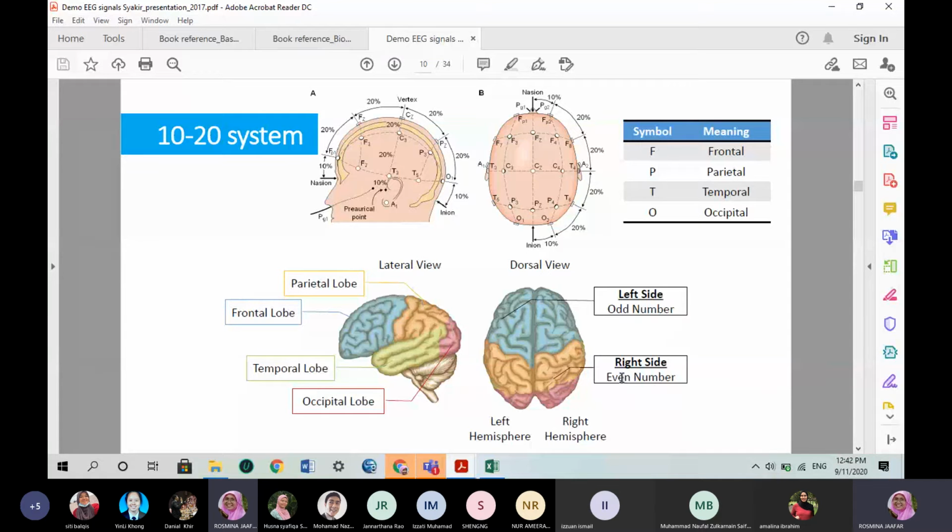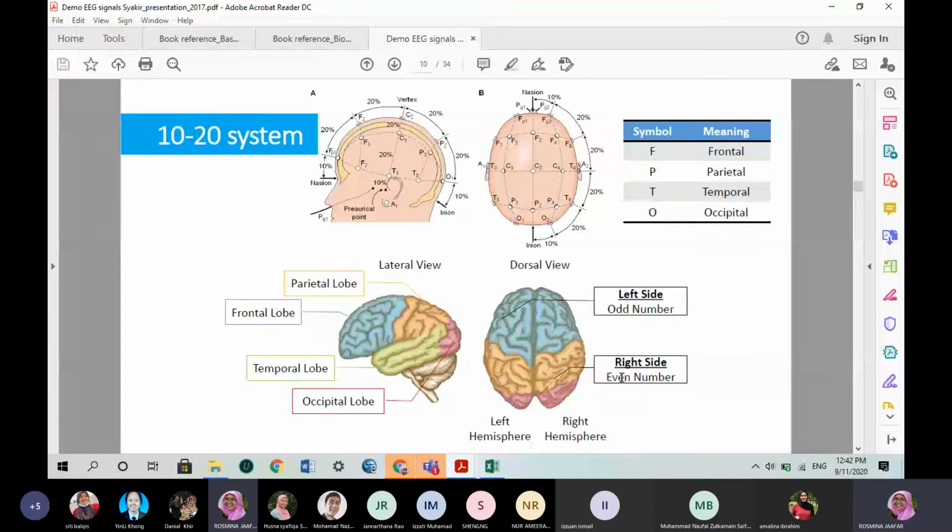For example, your right brain controls your left side of the body. So sensory information from the left side enters the right brain, and the brain gives instructions to motor activity like muscles, from the right brain to the left side of the body.